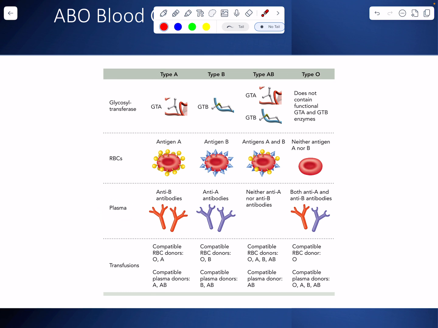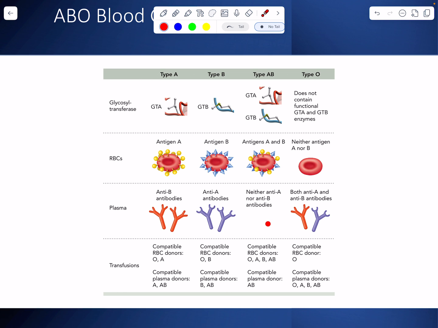So the antigens on your red blood cells are determined by, again, which of those enzymes you express. The antibodies that you produce are going to be in your plasma. So here's my type AB donor, they don't have any antibodies in their plasma.